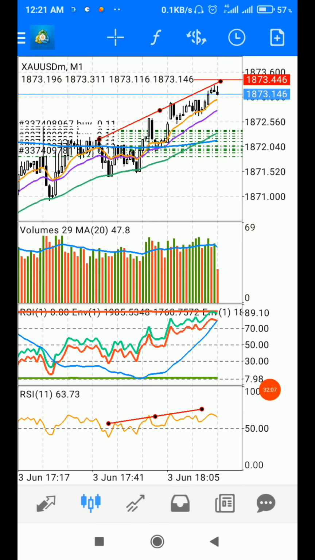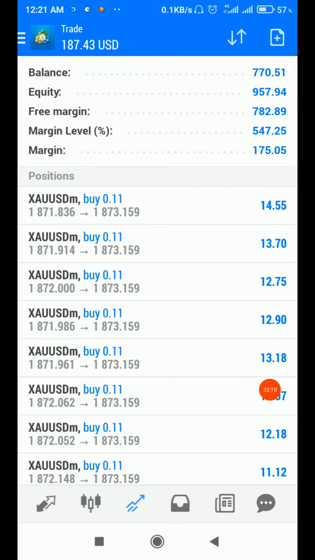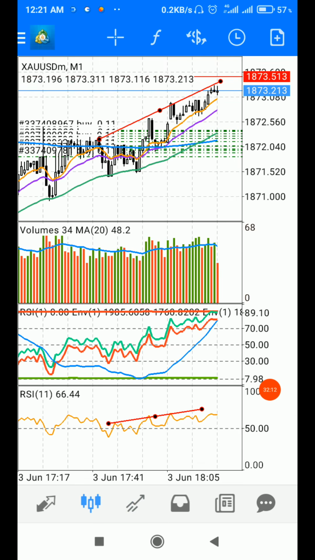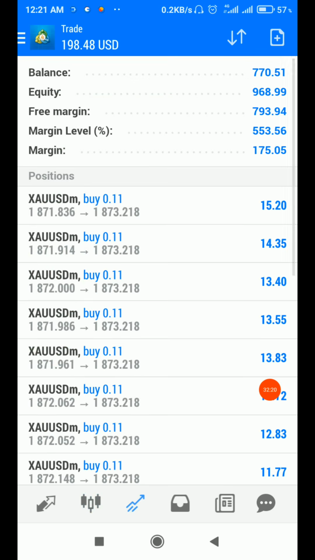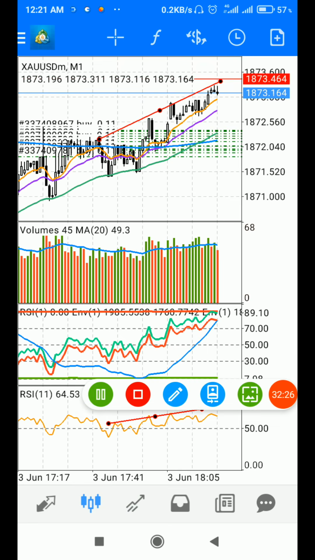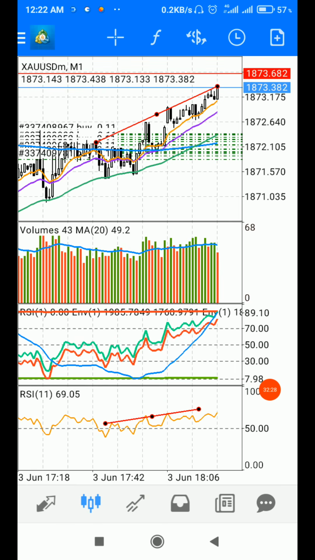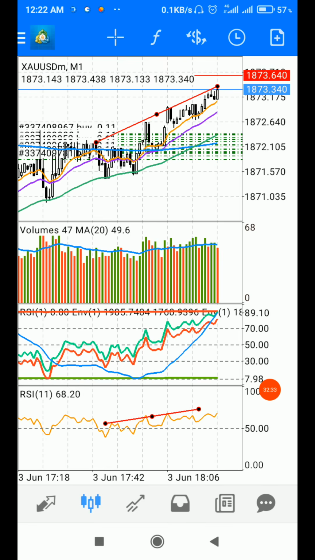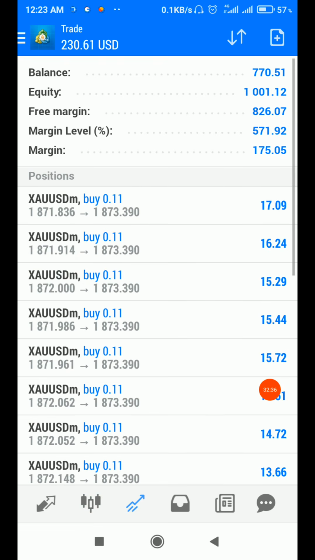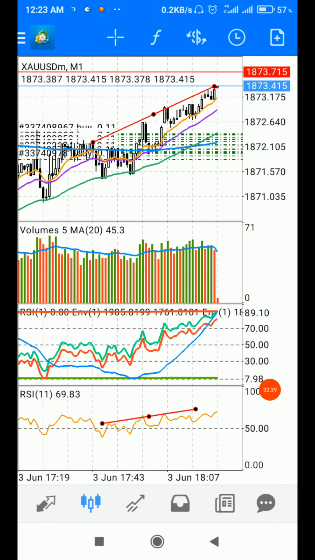and still we are at $960, so we are still waiting to see the price near to the 1000 USD. Okay, now price is hitting the upward movement, and we are at $1,000. Here you see right now we are at $1,000, so price is now hitting much further.